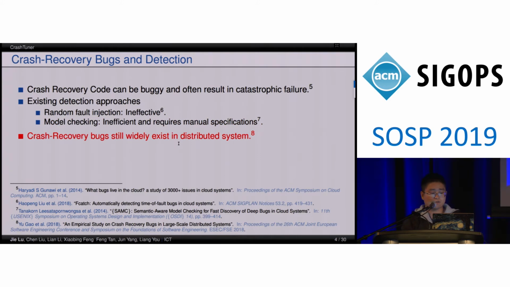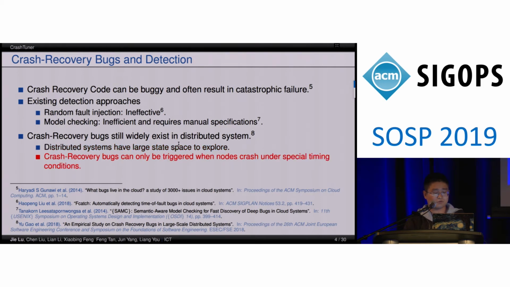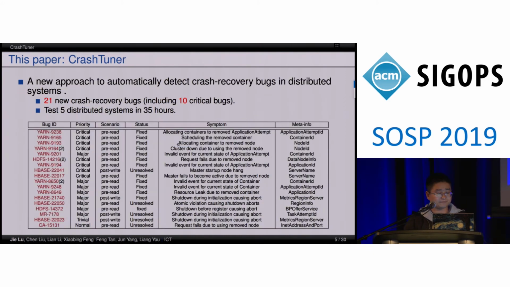So crash recovery bugs still widely exist in distributed systems. These bugs are hard to detect because distributed systems have a large state space to explore, and most of them can only be triggered when nodes crash under special timing conditions.